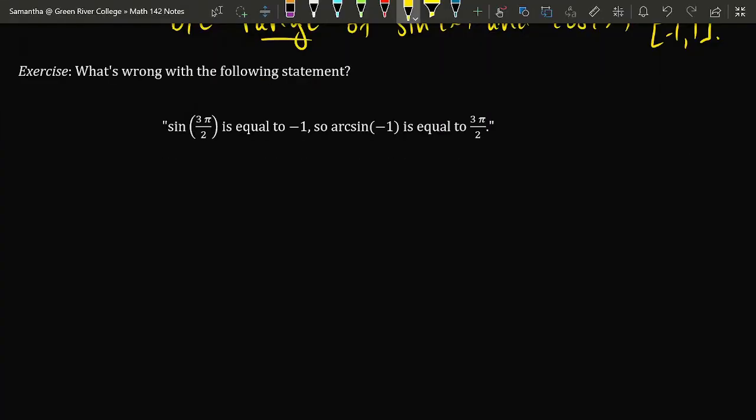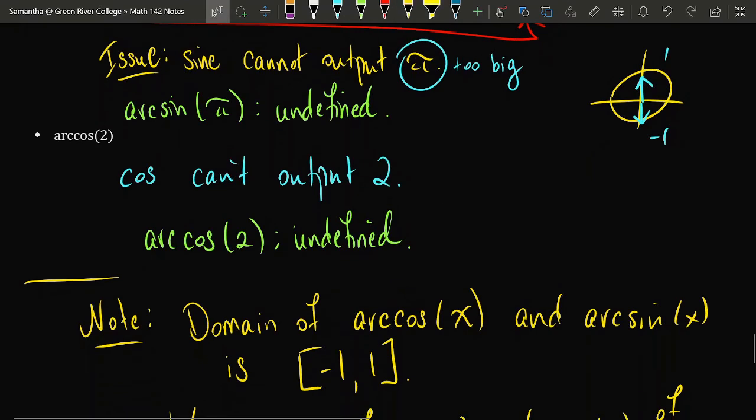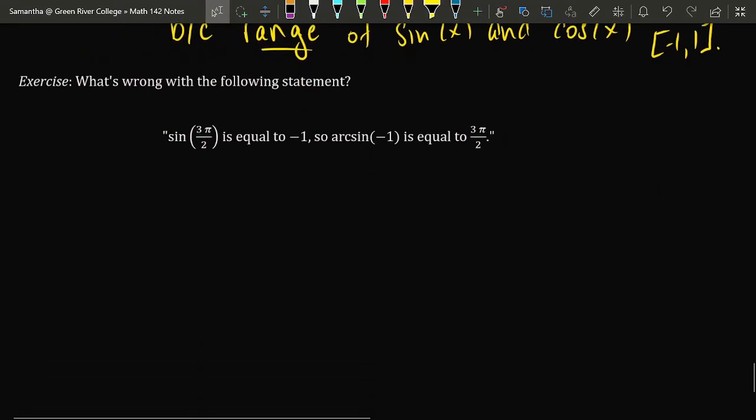So just like there are some values that cannot reasonably be plugged into arcsine or arc cosine, there are also some values that we reasonably cannot expect to be produced by arc cosine or arcsine. For example, someone says, okay, hey, I know that sine at the angle 3 pi over 2 is equal to -1.